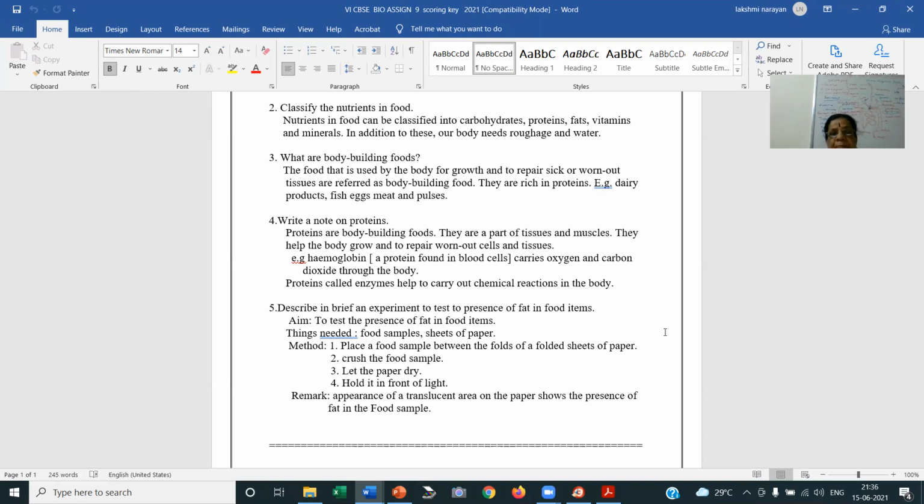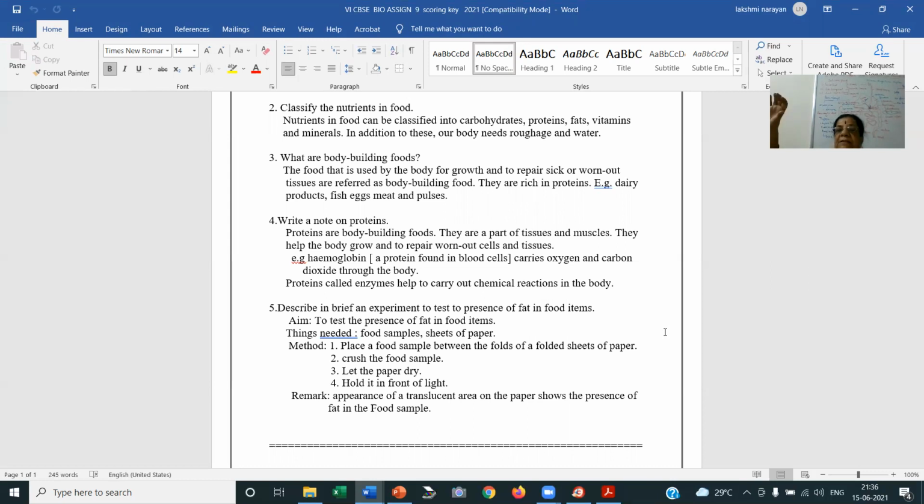Place a food sample between the folds of folded sheets of paper. We fold two or three papers and place the food sample, a vada or some oily item, or a poori, between them. Then crush the food sample with the paper, right? And then let the paper dry.